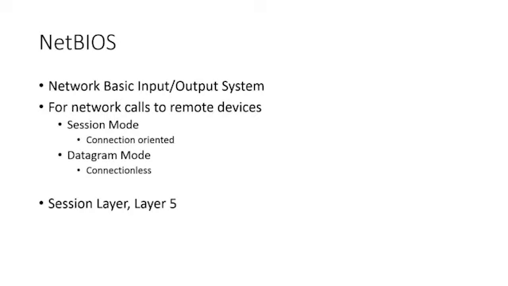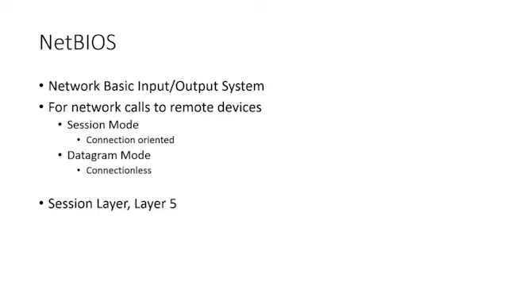Then we also have something called NetBIOS, Network Basic Input and Output System. Now this is used for network calls to remote devices. This is kind of an older technology that we're not really using as much anymore, but I want you to be familiar with it because it could be a vulnerability.